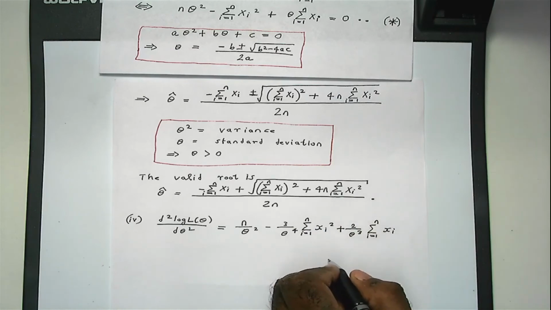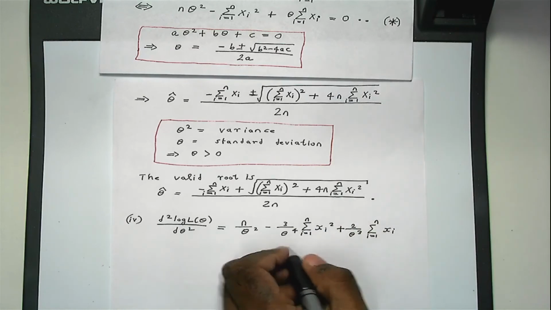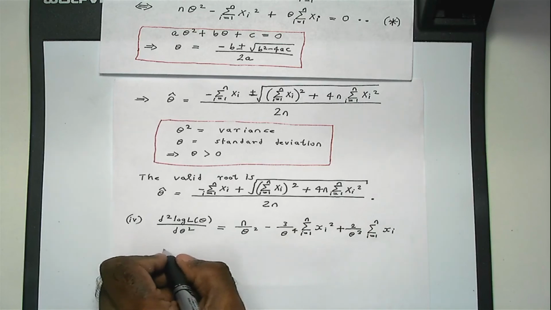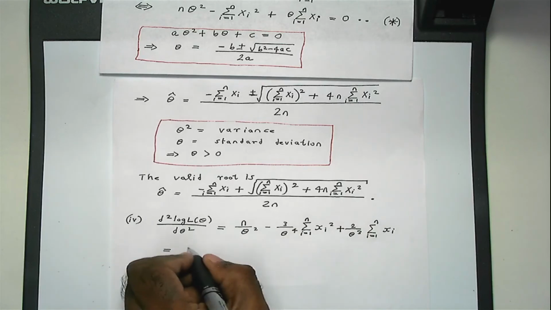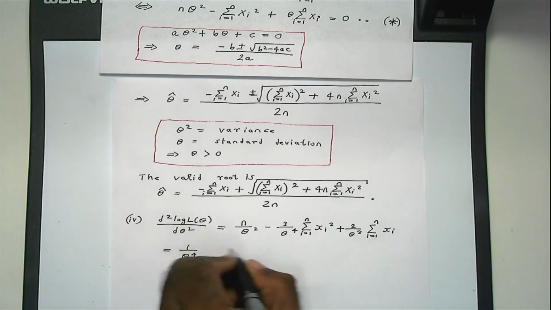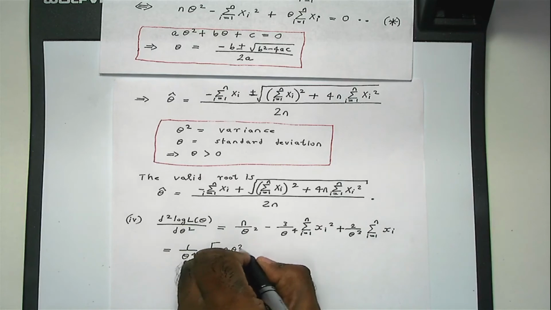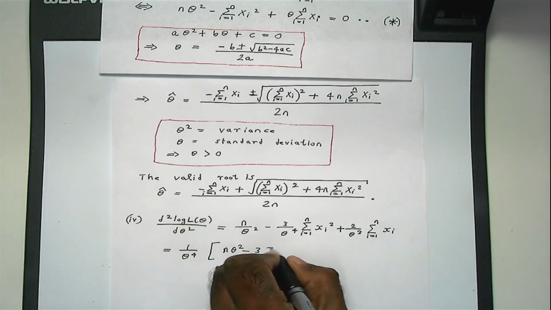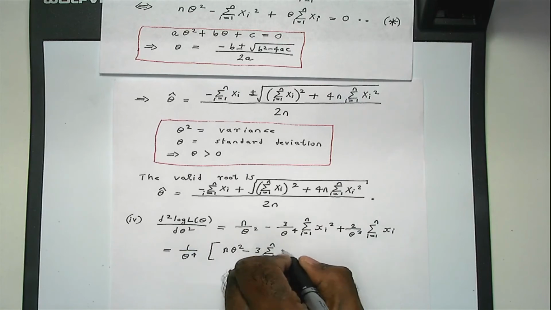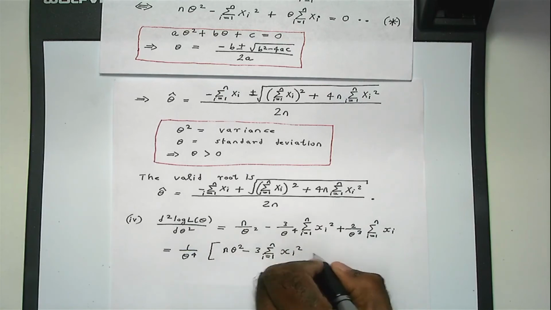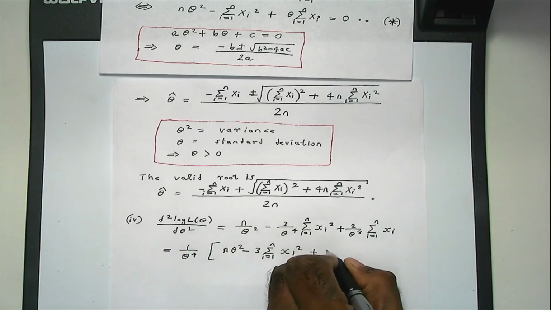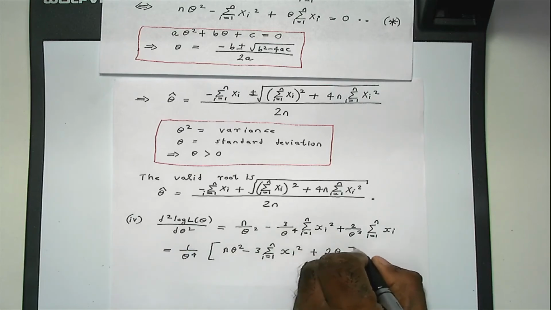Now, in the next step, I'm going to take the common factor 1 over theta to the power 4, and in brackets we will have n theta squared minus 3 times the sum of xi squared plus 2 theta times the sum of xi.